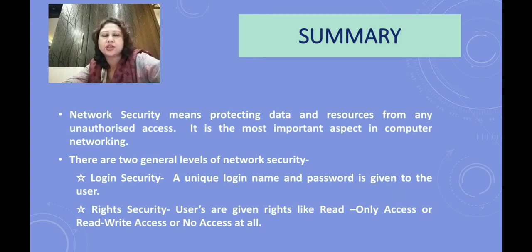That is the login security, where a user is given a unique login name and a password. The next one is write security, where users are given rights like read only access or read write access or no access at all. And some users may be given both the security rights. So this is all about our today's class.